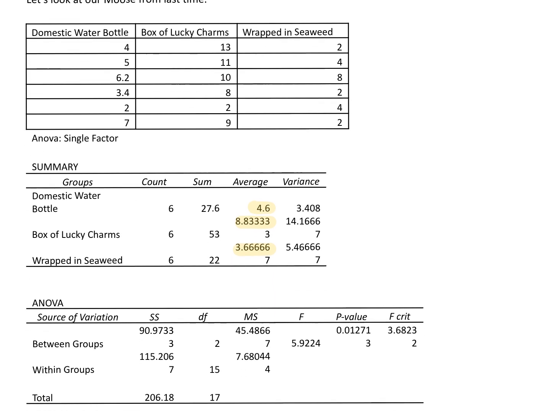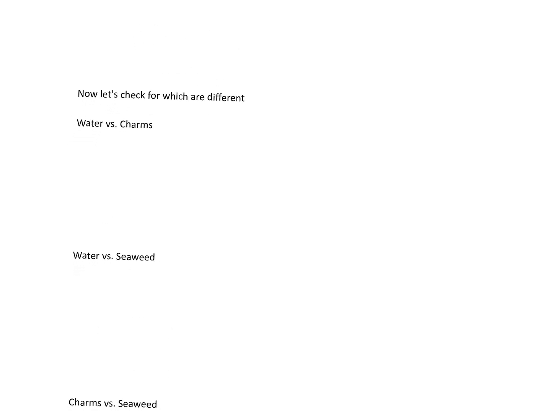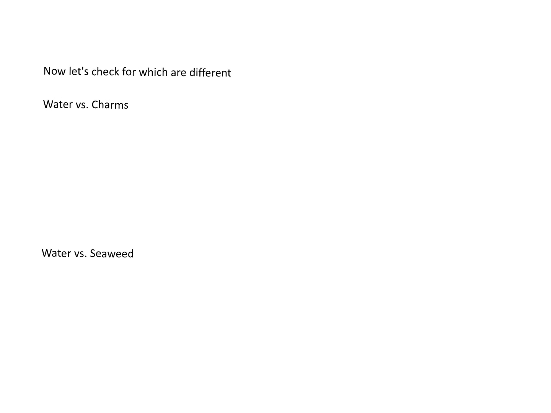And when we look at our ANOVA, we have our F statistic and our critical value, which led us to reject. And then we want our within group variance, which is the 7.68. So now let's go ahead and figure out which are different.